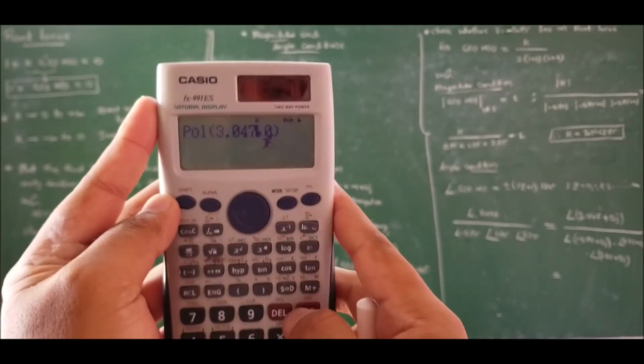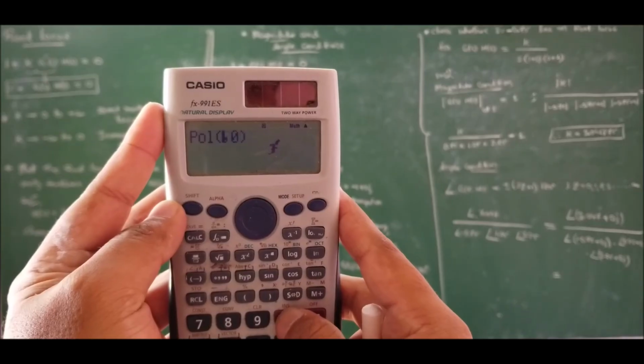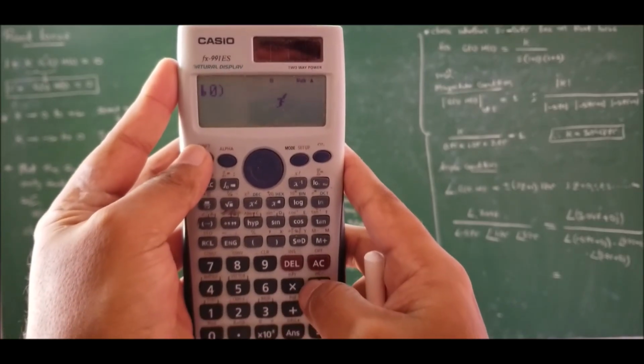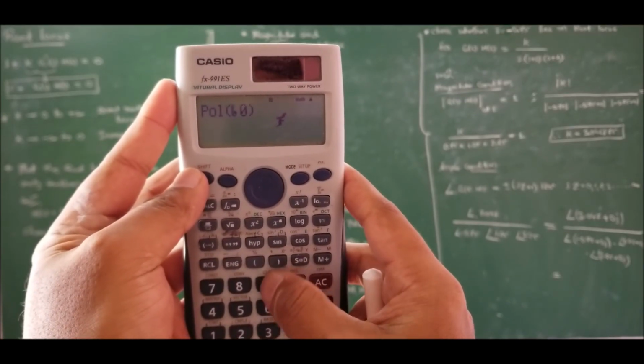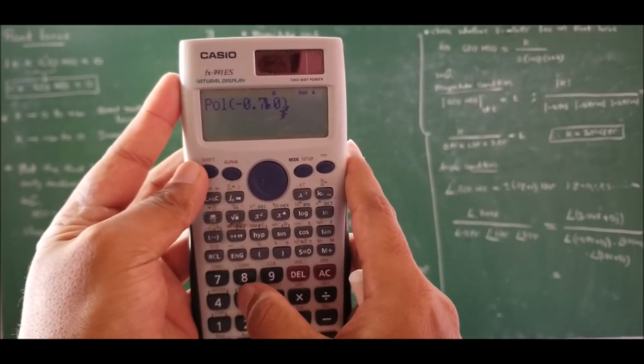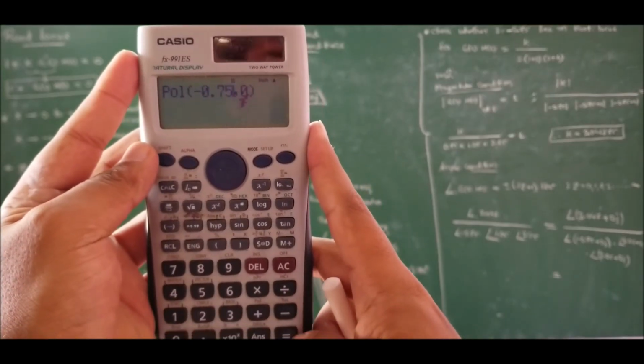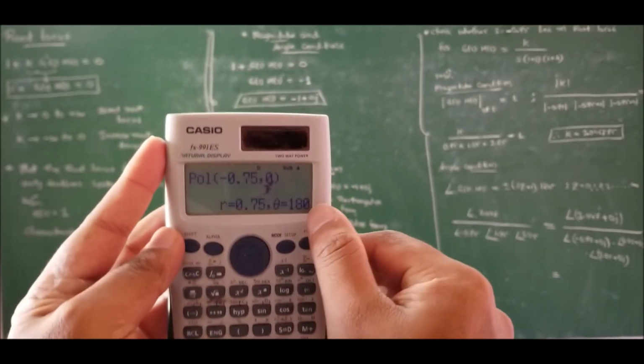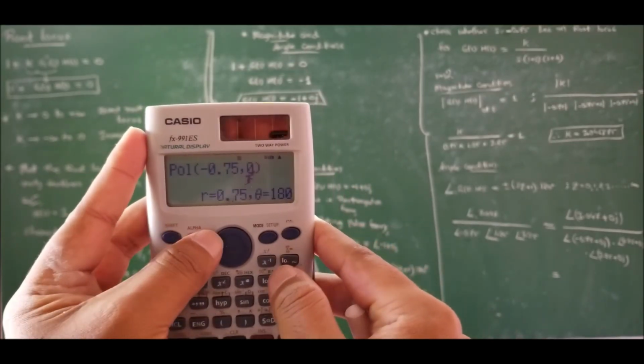Coming to the denominator, it is shift polar of minus 0.75 comma 0. How much? The angle is 180 degrees.